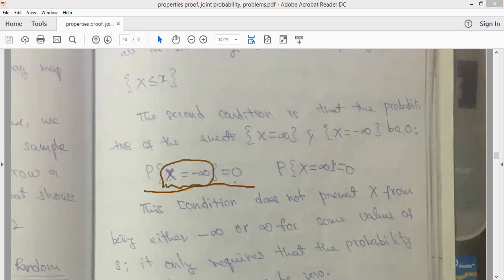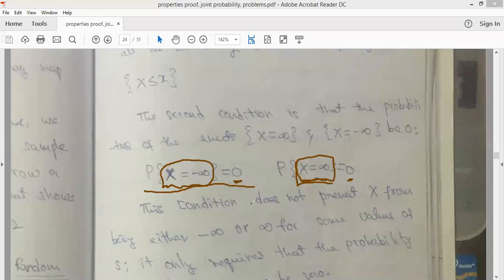No, so it is impossible, and the probability of X = minus infinity will be 0. Similarly, the probability of X = infinity is also 0, because you won't have any event with only X = infinity. So these are the three conditions for any function to be a random variable.